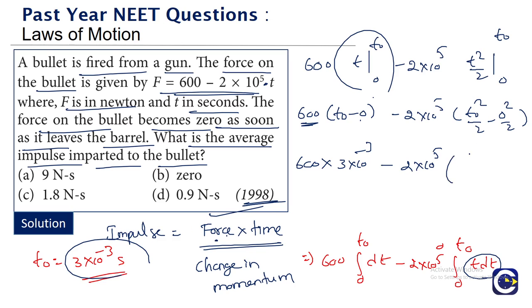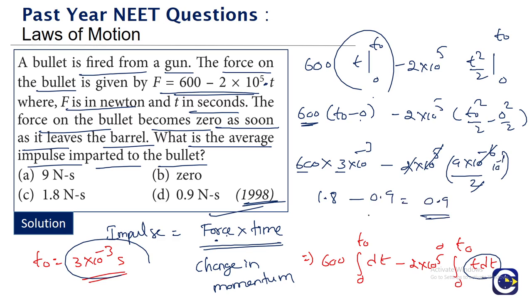If you square it, it will become 9 into 10 power minus 6 by 2. 2 is cancelled. So this is 600 into 3, which is 1800 into 10 power minus 3, that is 1.8, minus 10 power 5 into 10 power minus 1, which will remain 0.9. That is 0.9.